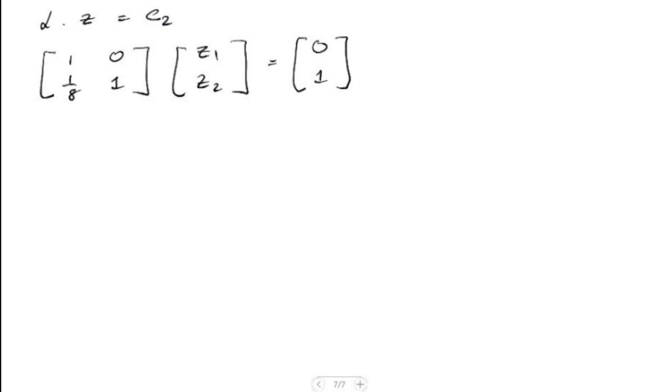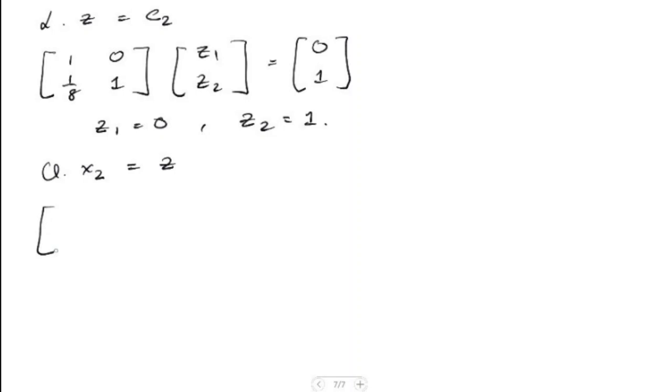If you solve this just like I showed before, you will get z1 equal to 0 and z2 equal to 1. And then we'll use U times x2 this time, so that we're finding the second column of the inverse, equal to the z.